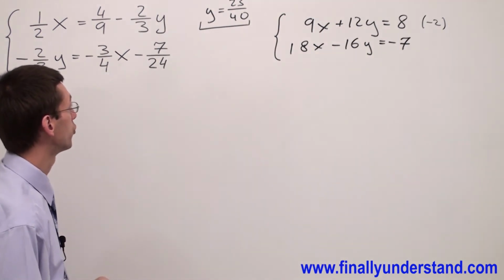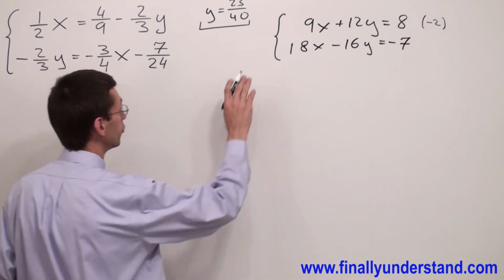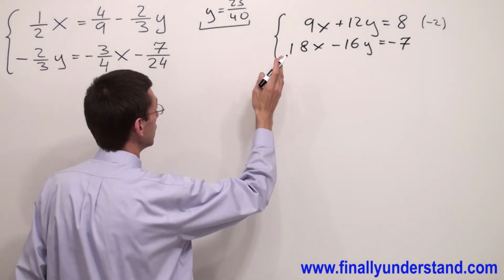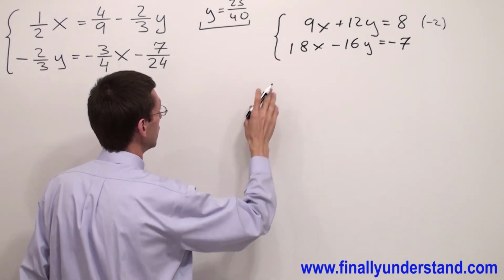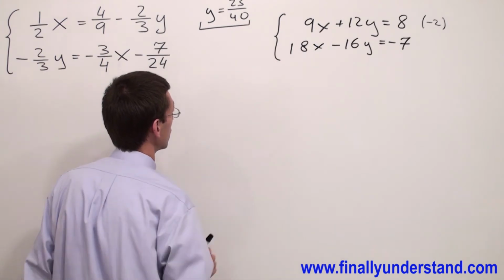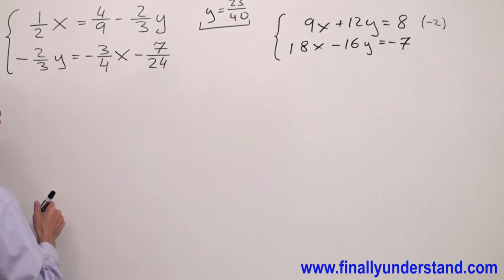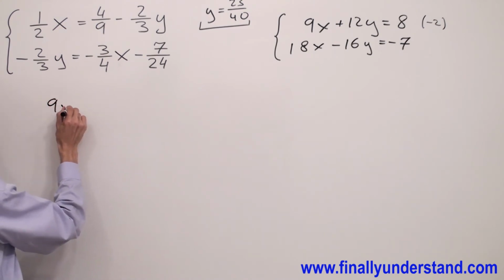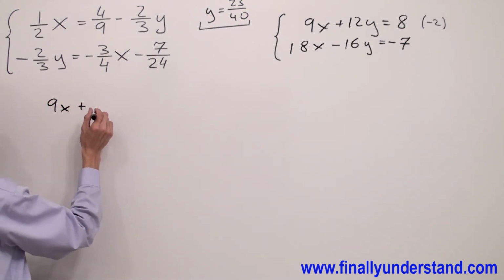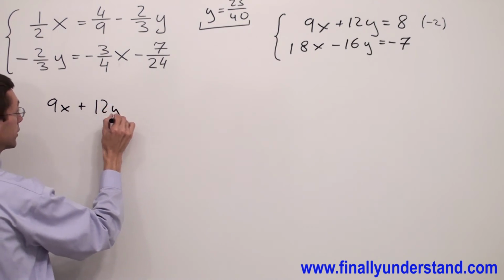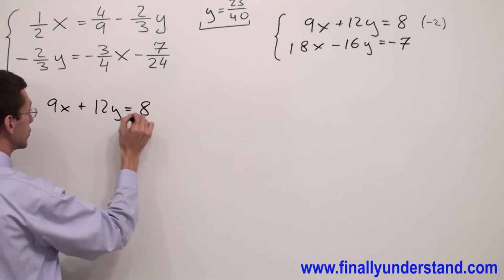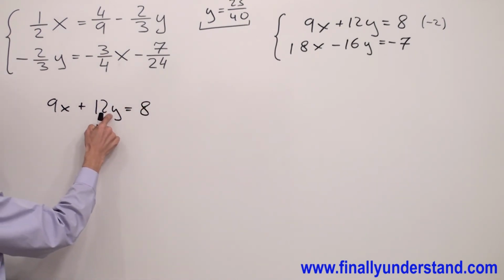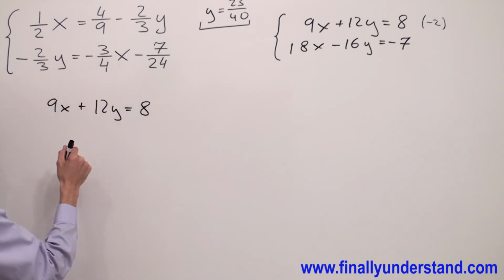I'm going to use the first one. Why am I going to use the first one? Because it has the values of coefficients lower than the coefficients of the second equation. So we have 9x plus 12y, I just copied this down, is equal to 8. Instead of y, I'm supposed to write 23 over 40.